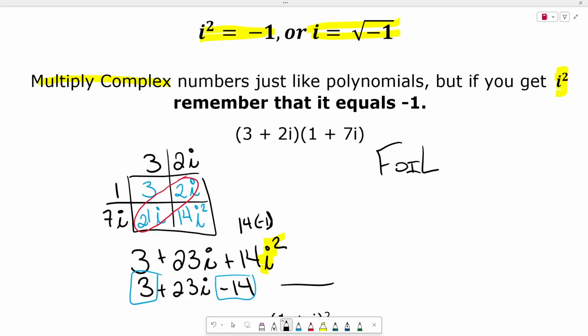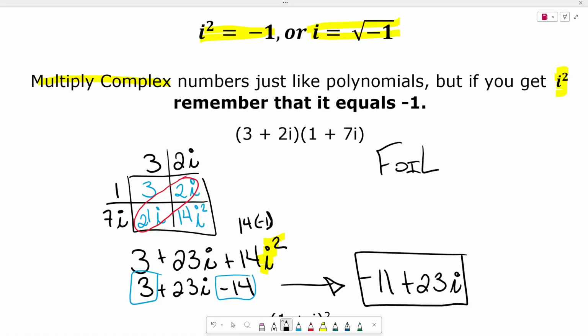So my final answer would be -11 plus 23i. When we write our complex numbers, always make sure that you put the real portion first and then the imaginary second.